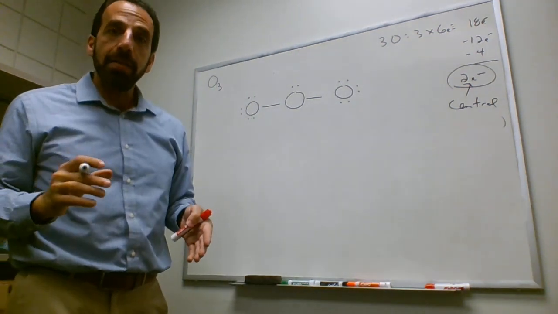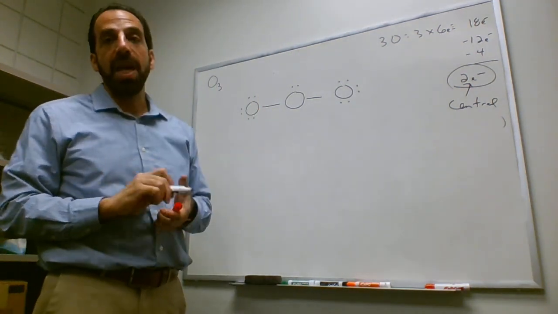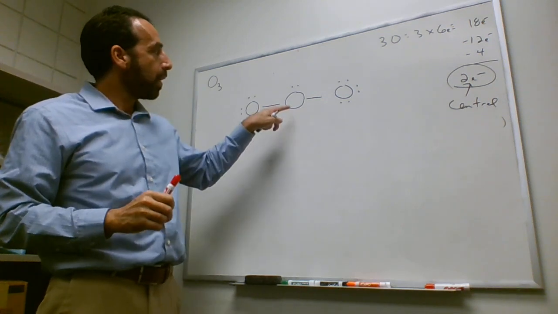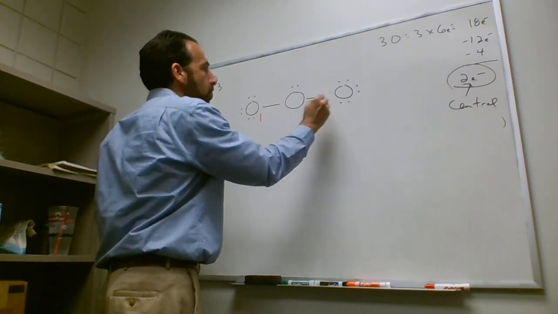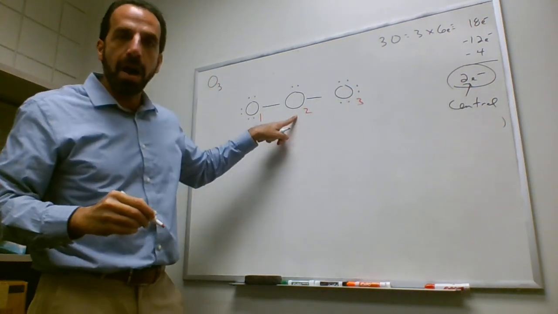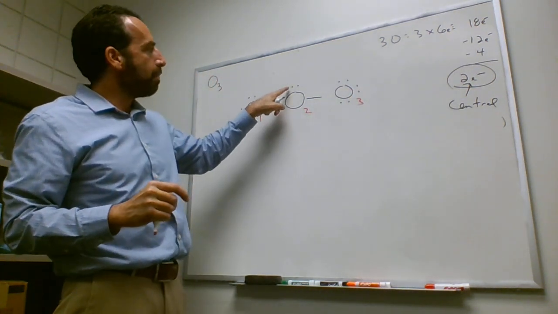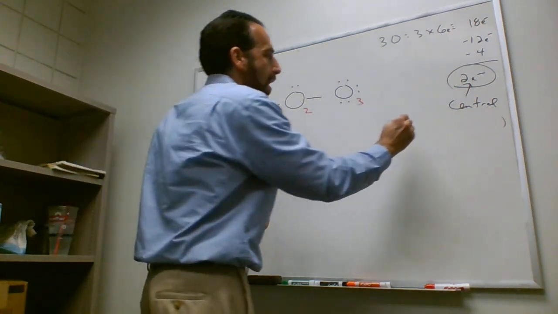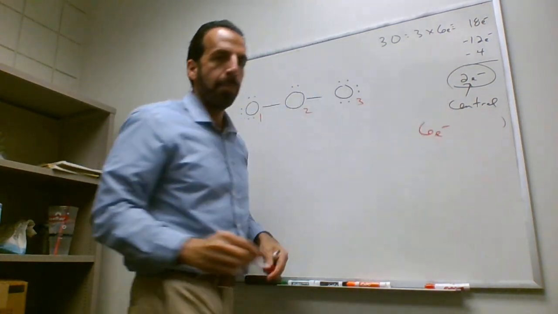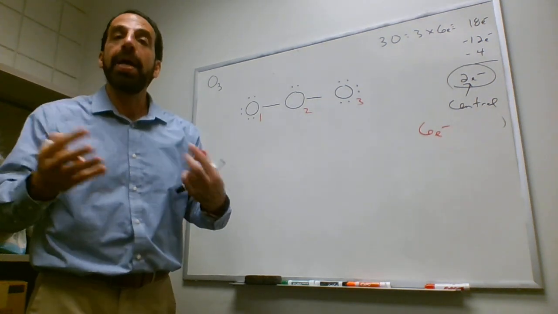Once I've done that, let's count up how many electrons I have around the central atom. I'll label these oxygens 1, 2, and 3. Looking at oxygen number 2, I have 2 electrons plus 2 bonds, so 2, 4, 6. I have 6 electrons. It needs 8. So now I've got to do something different.